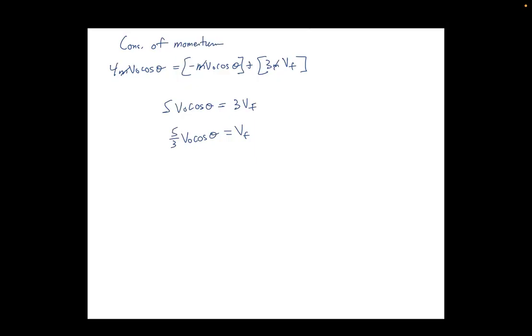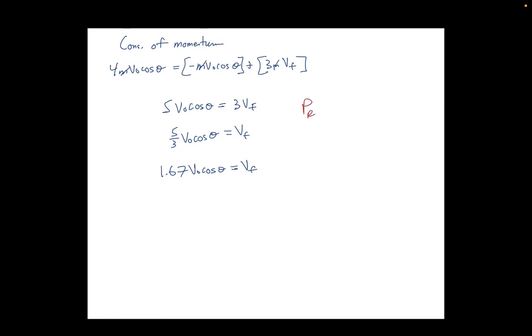So 5/3 as large. Perfect, which is really something like 1.67 v naught cosine theta. Either way, we're going to take that and calculate the momentum.